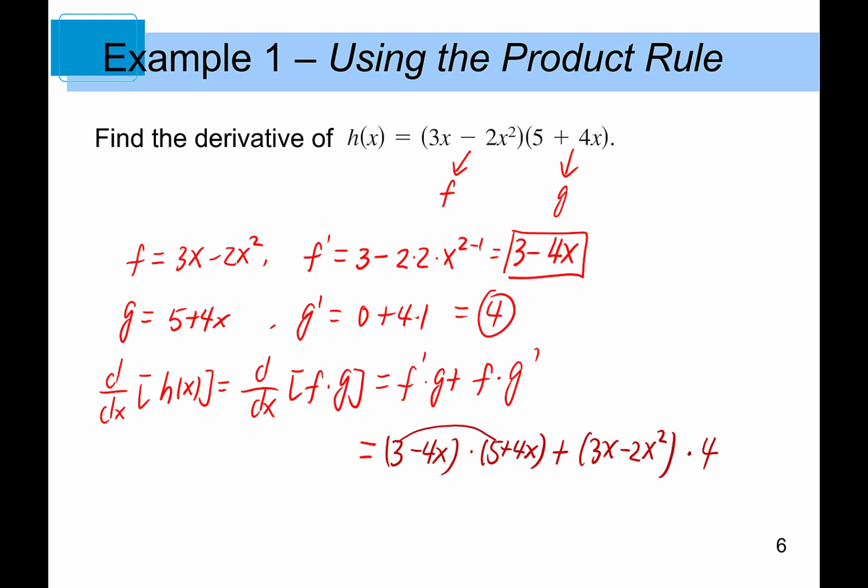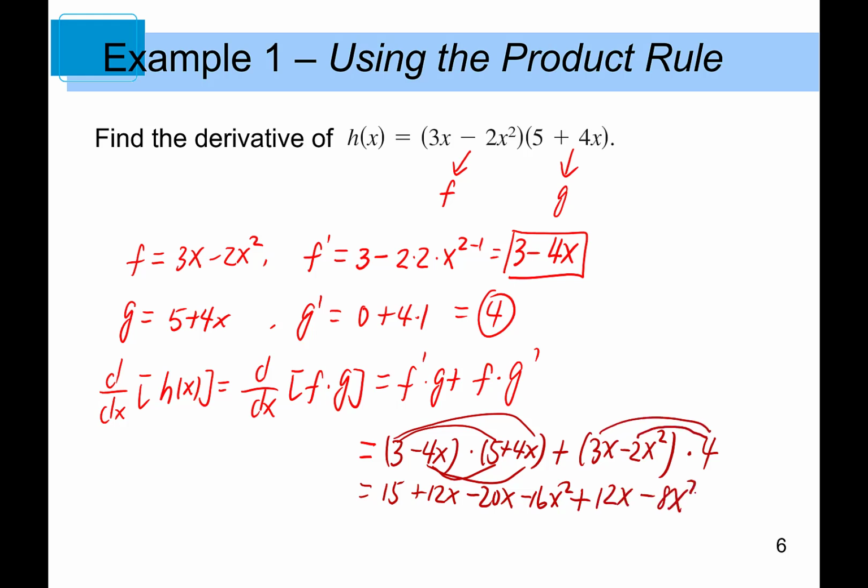3 times 5 gives us 15. 3 times 4x gives us 12x. Negative 4x times 5 gives us negative 20x. Negative 4x times 4x is negative 16x squared. The very last one, 3x times 4 gives us 12x. Negative 2x squared times 4 is negative 8x squared.